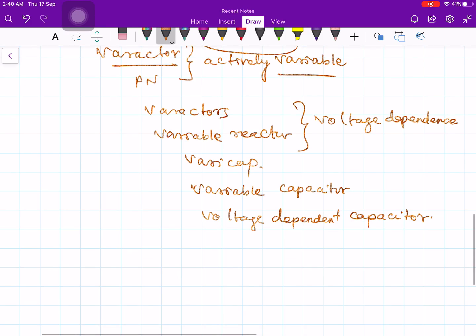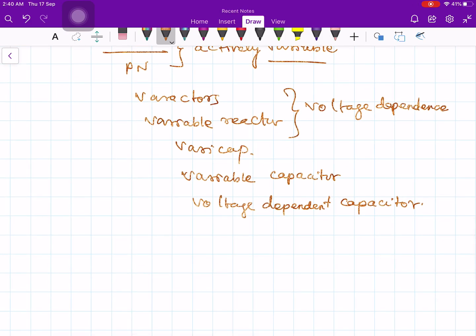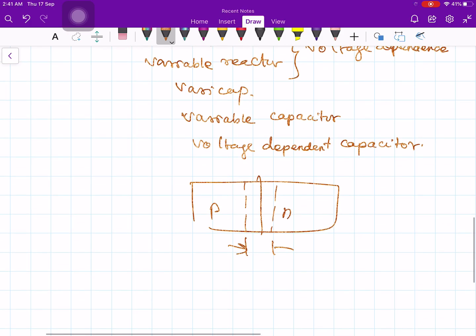An example of a variable capacitor or voltage dependent capacitor is the junction capacitance of the PN junction diode. You take a PN material, there is a junction, and in this junction you have depletion capacitance and diffusion capacitance. Particularly the reverse biased PN junction gives the depletion region, and because of that you get a depletion layer capacitance.